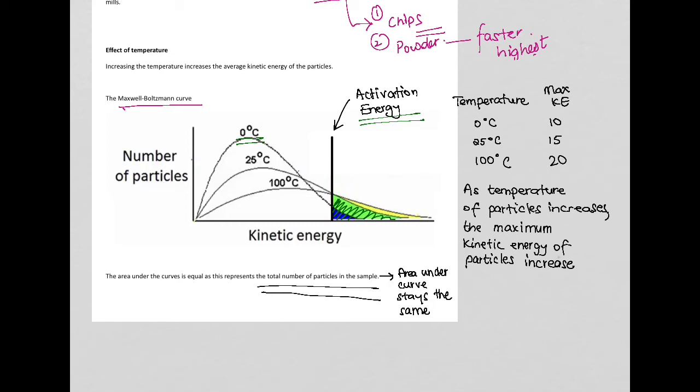And the yellow part over here should have been the whole thing here. This yellow area shows the proportion of particles with energy greater than activation energy. So at 100 degrees Celsius, you have the most particles with energy greater than activation energy. This is why at higher temperature, the rate of reaction increases.